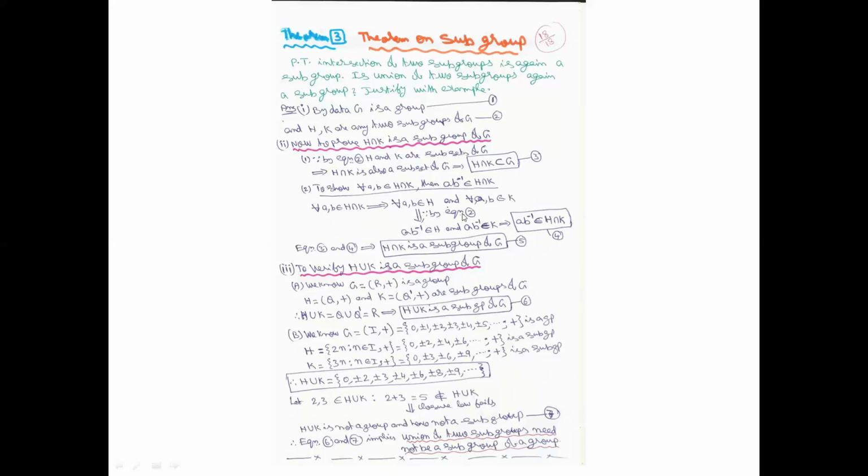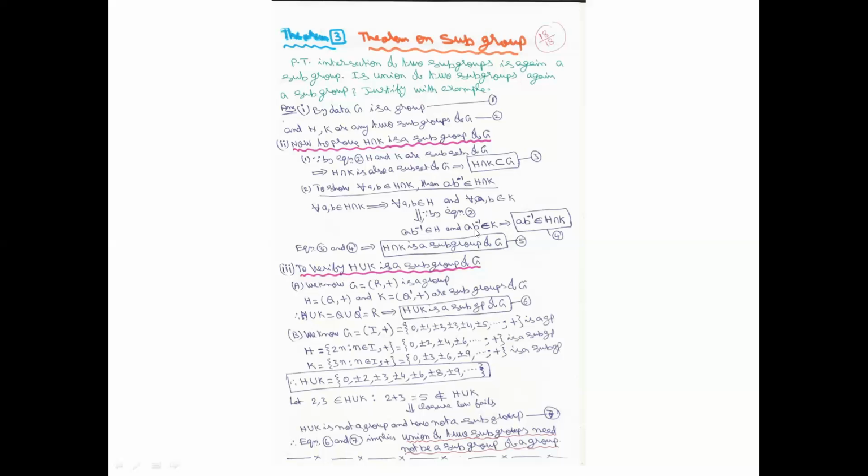Since by equation 2, H is a subgroup, then by theorem 2, A star B inverse belongs to H. Once again, H is a subgroup, A, B belong to H. By theorem 2, A B inverse belongs to H.